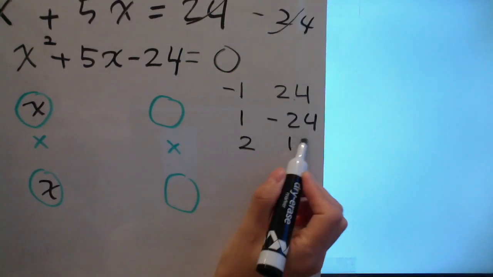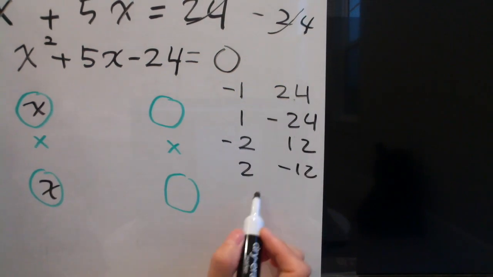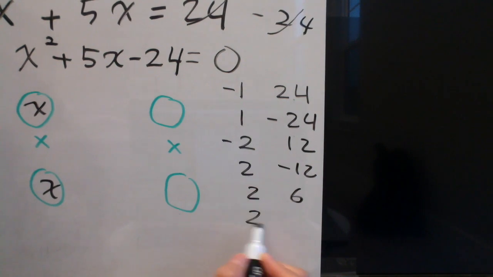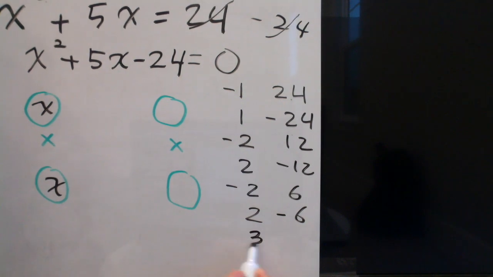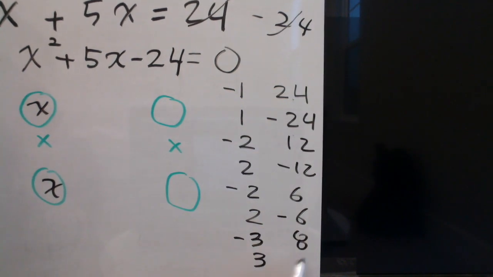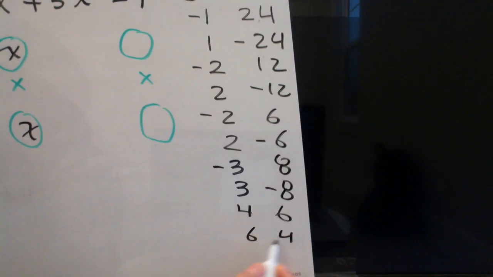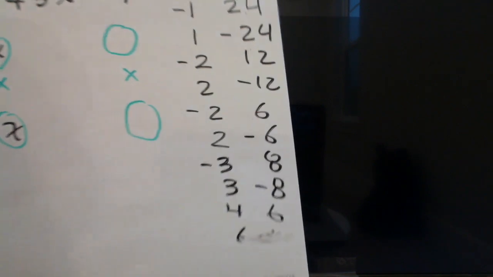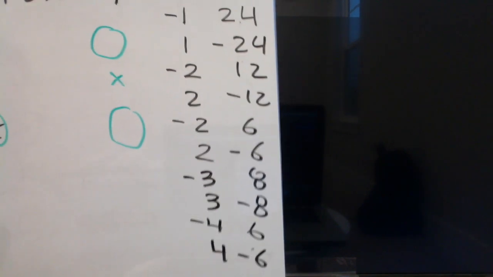Or 2, 12, negative 2, negative 12. Or 2, 6, right? Or 3 times 8. What else? Is it all? Oh, and then 4, 6, 6, 4. I mean, I will write same way and then just put negative here. Do I miss anything?